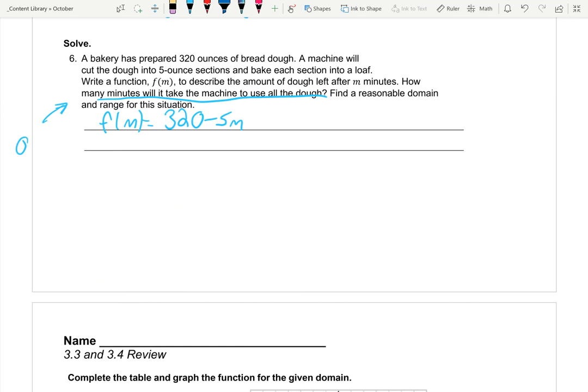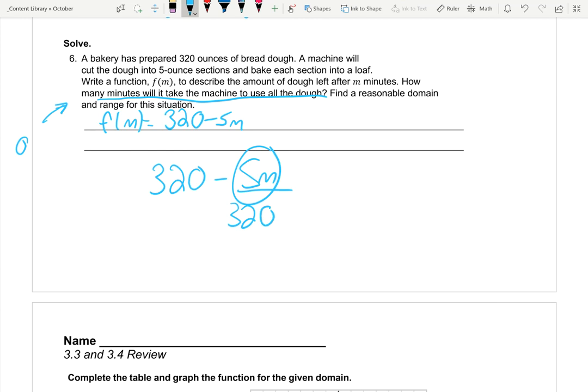But essentially, if you want to think of it this way, remember we have 320 ounces to start with, and we lose 5 every minute. And if we use up all the dough, then we use up all 320. So our goal is to figure out how many minutes have passed until 5m becomes 320 ounces, right?